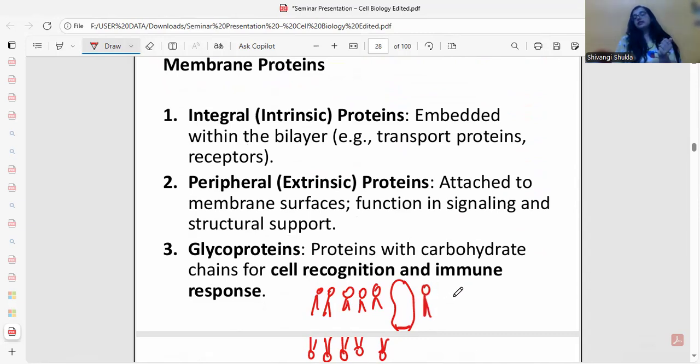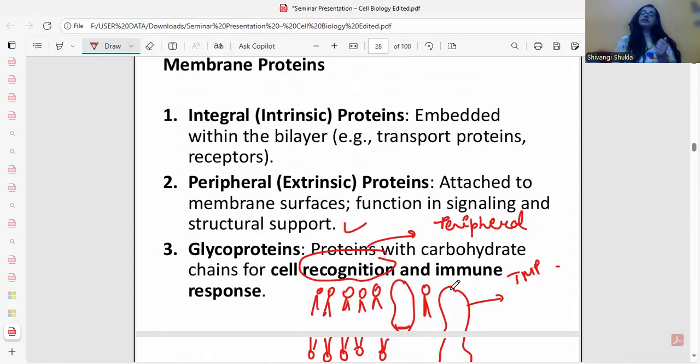If it is completely crossing the membrane, then it is a transmembrane protein. And if it is present on the periphery like this, this is the peripheral protein. So we have some extrinsic proteins. This is an extrinsic protein, and these are intrinsic proteins.